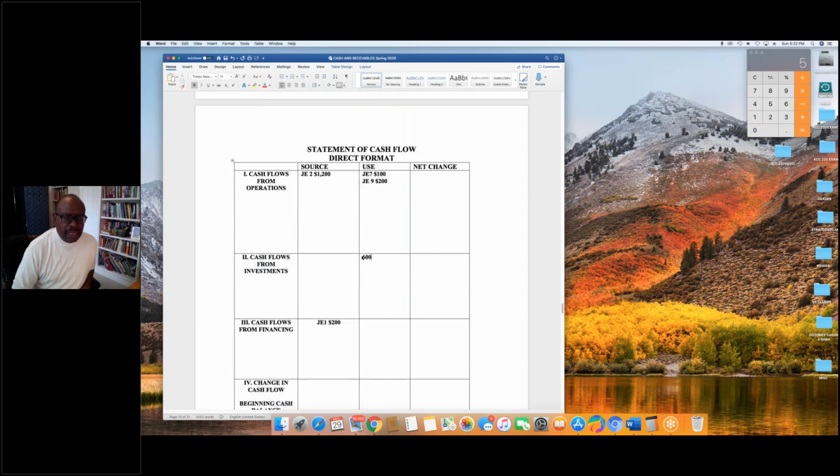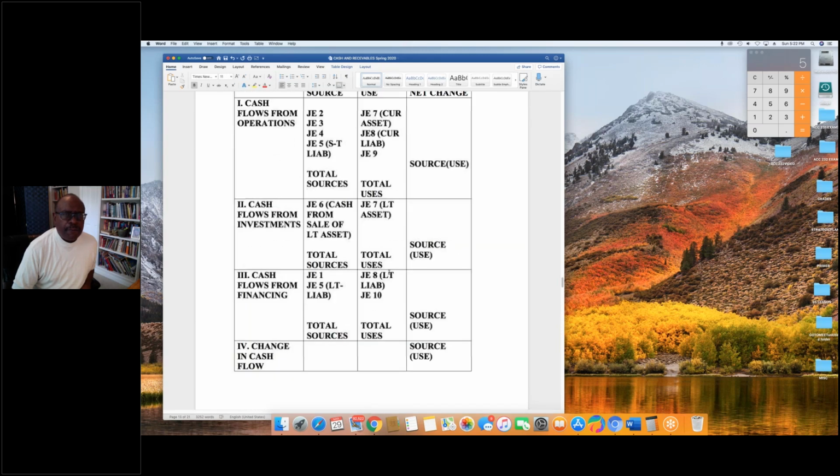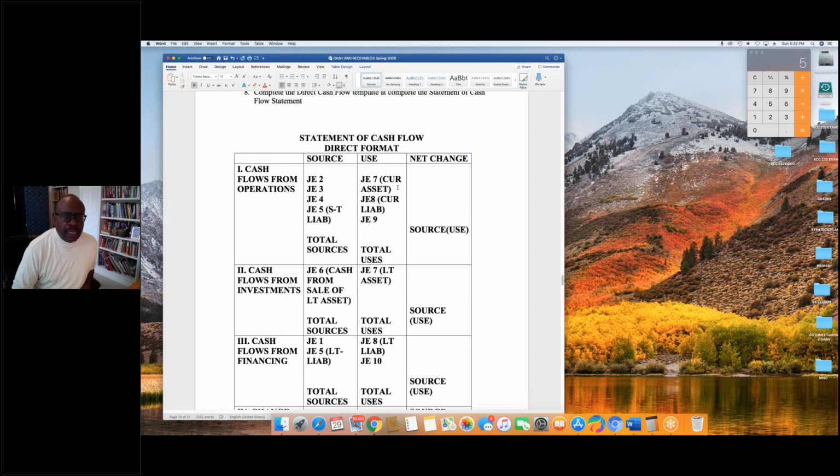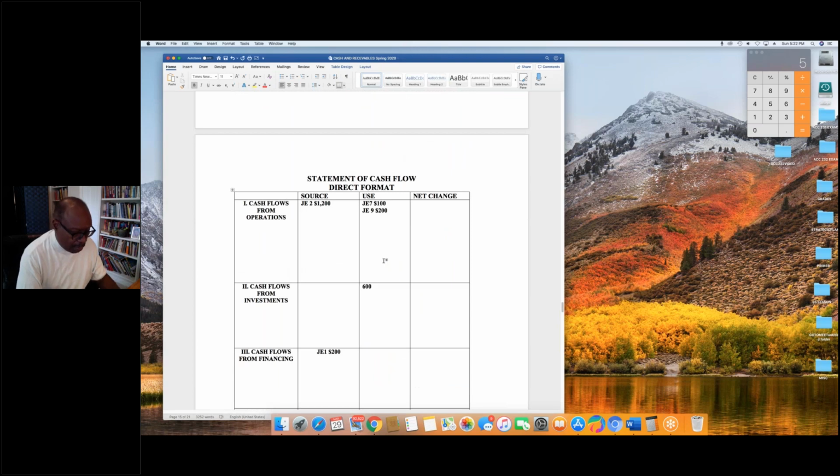So we will say this is a journal entry 7, purchase of a long-term asset. But we want to show the total amount of the asset.